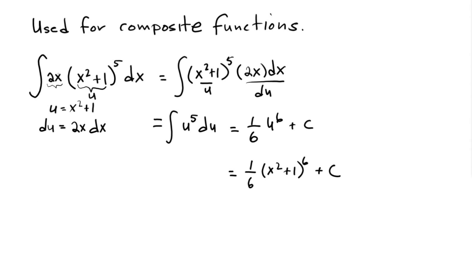So I was able to take what would have been a chore to multiply out into a simple polynomial and turn it into just a couple of steps with a substitution and something that was easy to integrate.